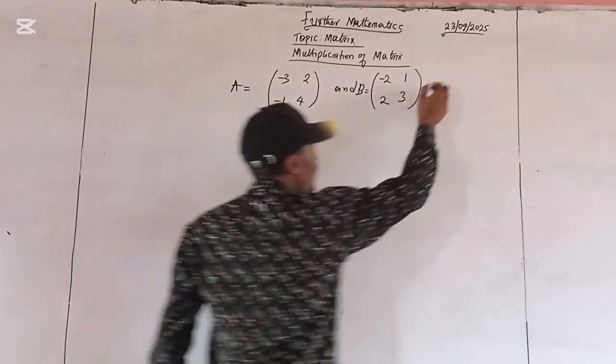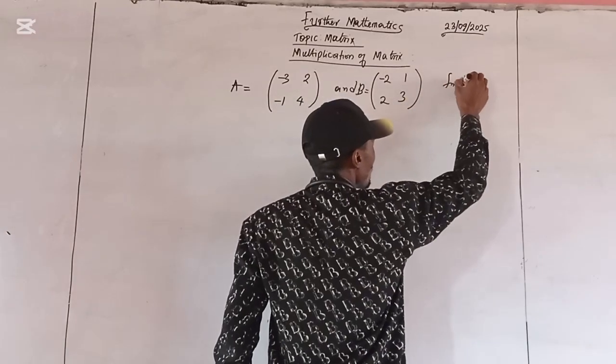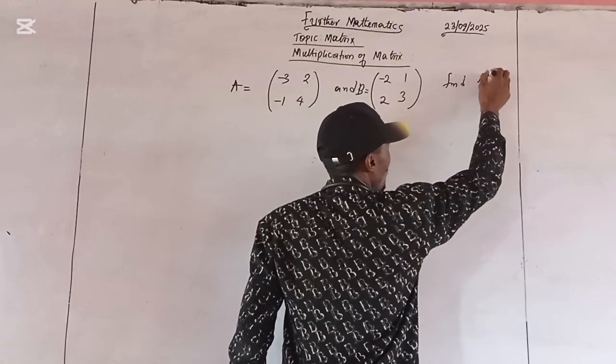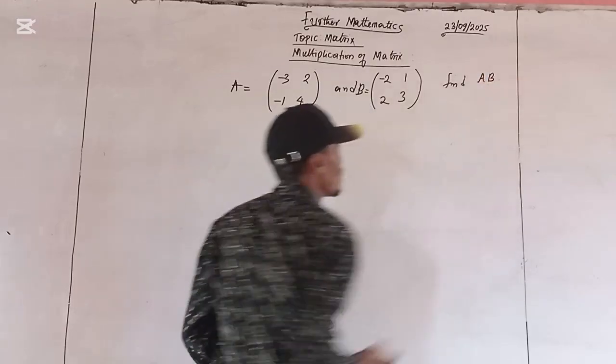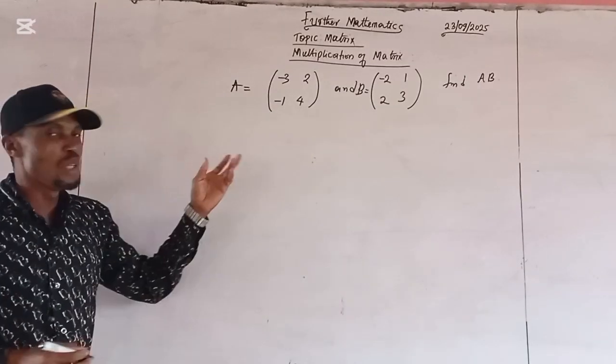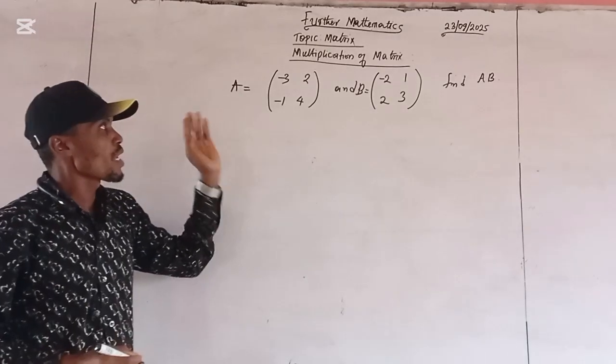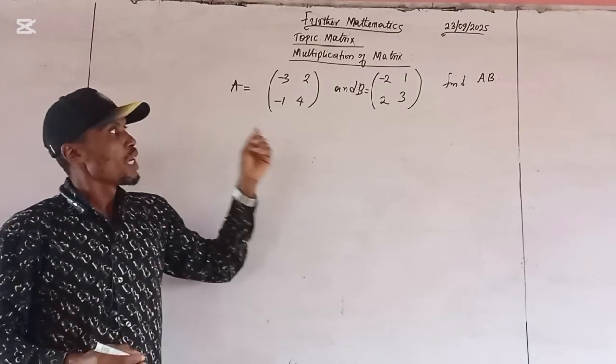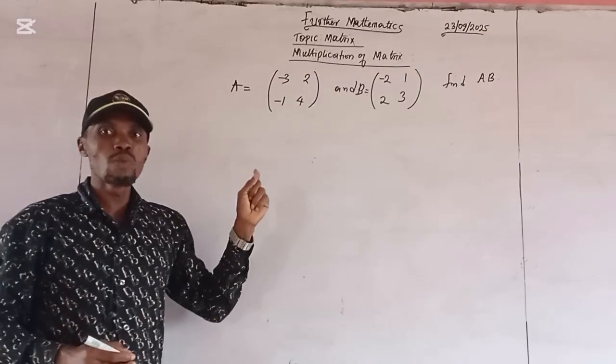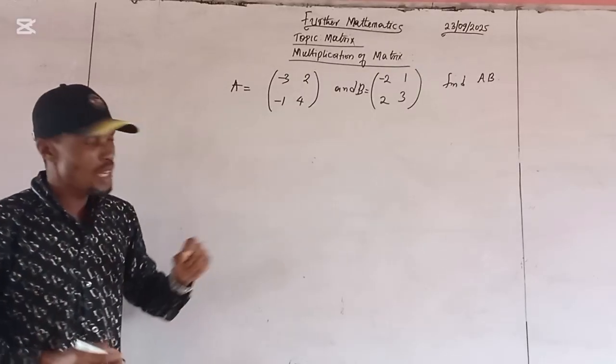Find AB. The matrix AB will produce another 2 by 2 matrix with different elements.